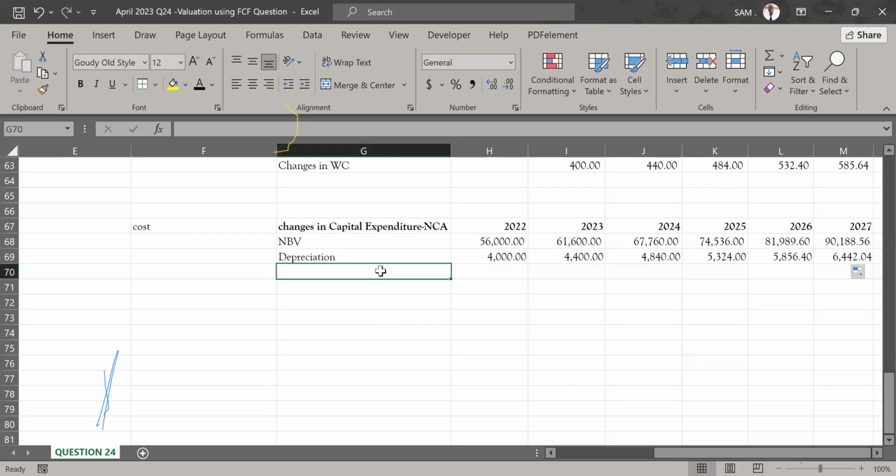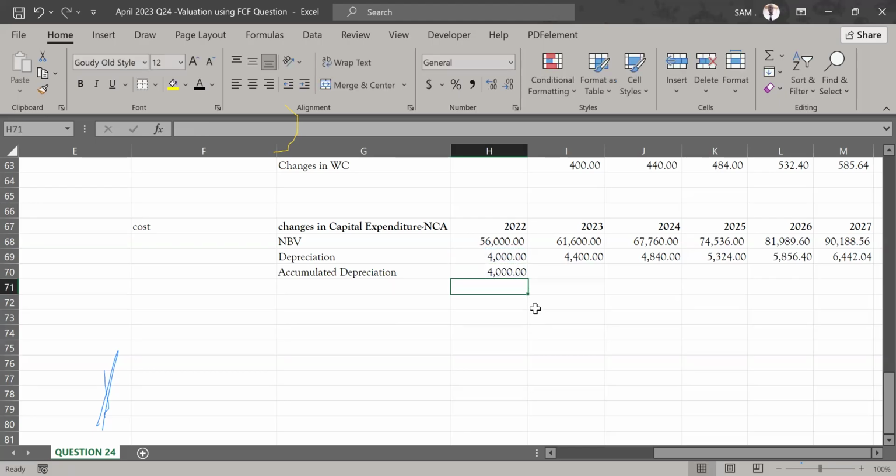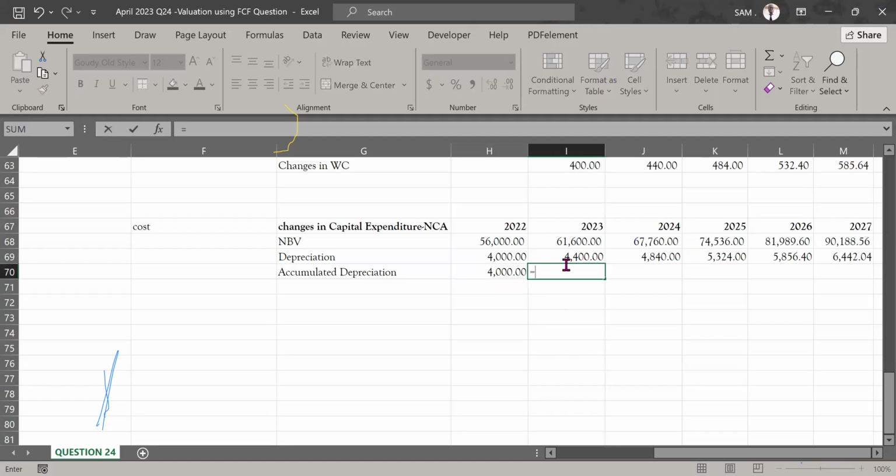So let us come here and say accumulated depreciation. The accumulated depreciation for the year 2022 is only 4,000 because we do not have the previous year's charge of the depreciation. But when we come to 2023, accumulated depreciation is the current year's depreciation charge plus what was charged in the previous period, the year 2022.